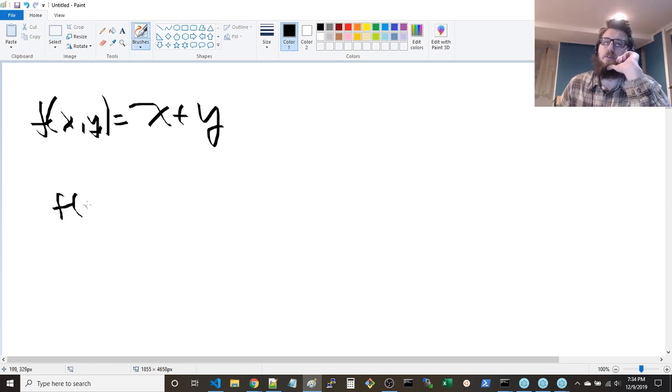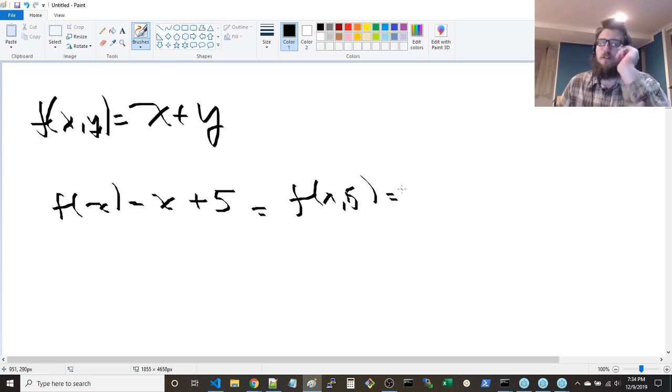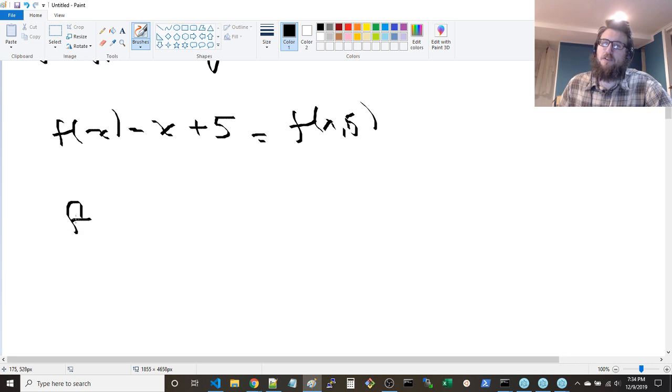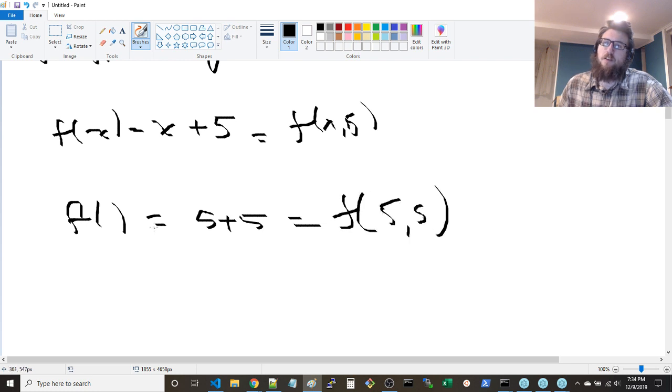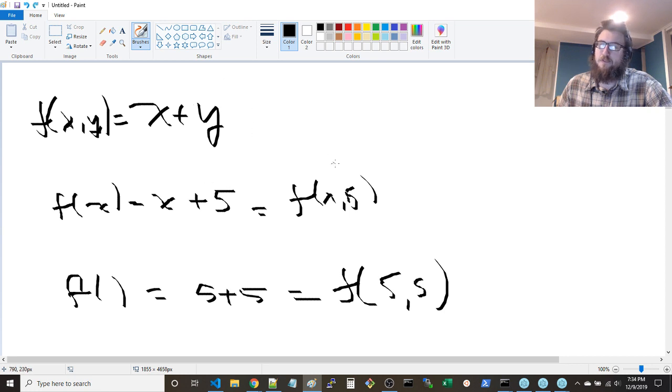Well, you could write f of x for y equals 5, which would be equivalent to f of x, 5, which gives you the function f of x equals x plus 5. And then you can even go further and say f with no arguments could be 5 plus 5, which is f of 5. Currying basically replaces one of the variables with an input. That's the idea.